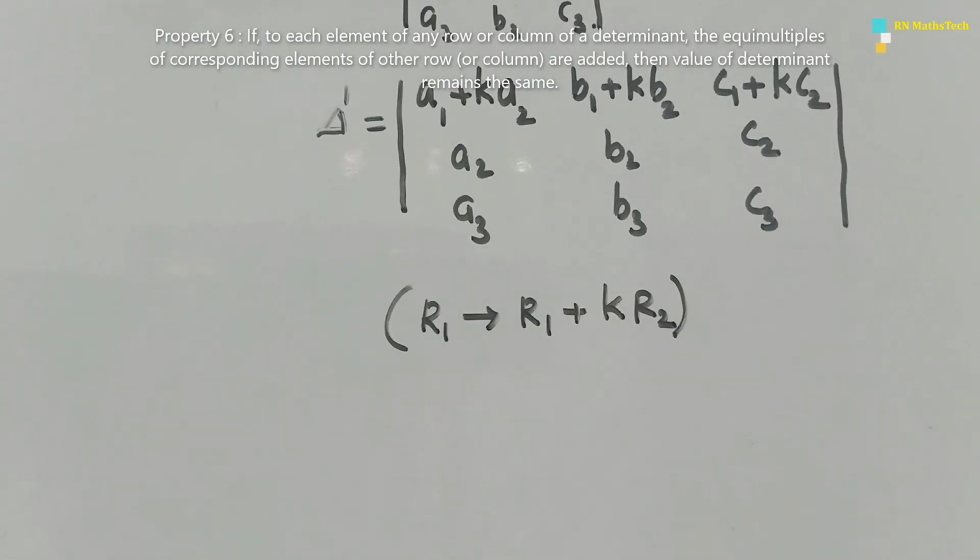Now what is the relation between delta and delta dash? A scalar multiple of the second row is added to the first row. The scalar multiple of the corresponding elements of the second row is added to the corresponding elements of the first row, and we make another determinant, delta dash.